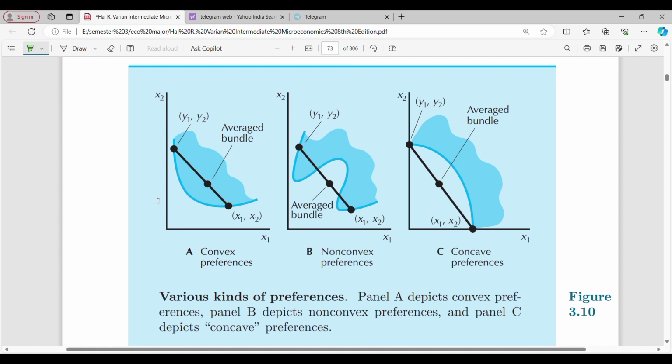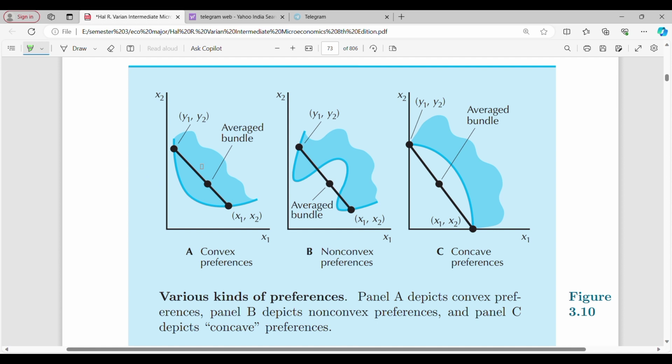And next, the assumption about preference geometrically means the set of bundles weakly preferred to x1 x2 is a convex set. So the bundles weakly preferred, in the shaded region, are a convex set.